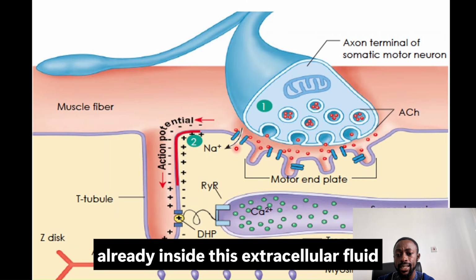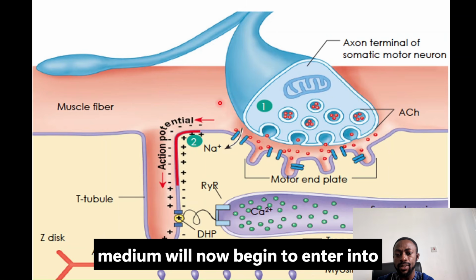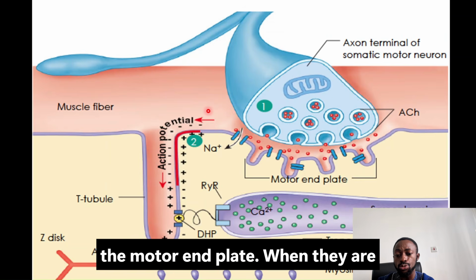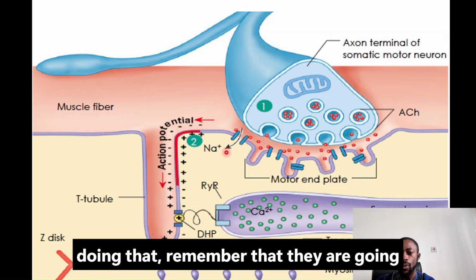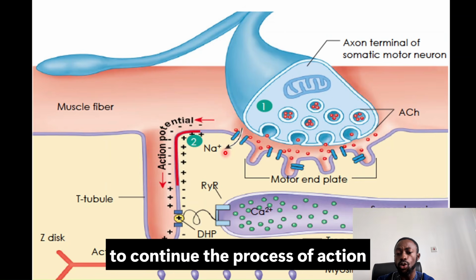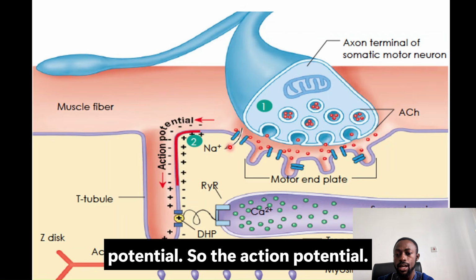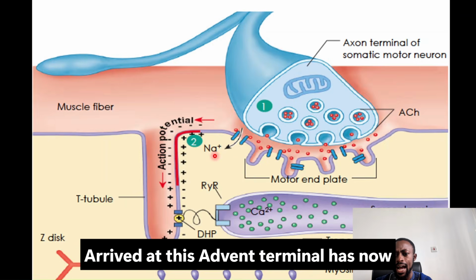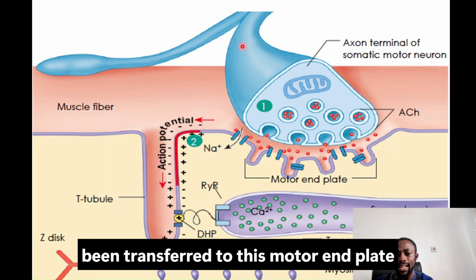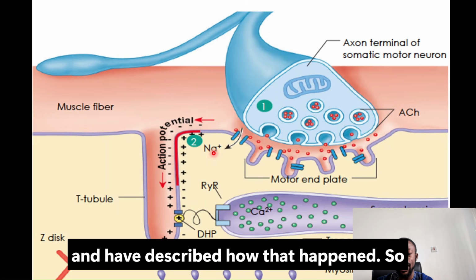So sodium ions that are already in the extracellular fluid will now begin to enter the motor end plate. When they do that, remember that they continue the process of action potential. So the action potential that arrived at this axon terminal has now been transferred to this motor end plate, and I've described how that happened.